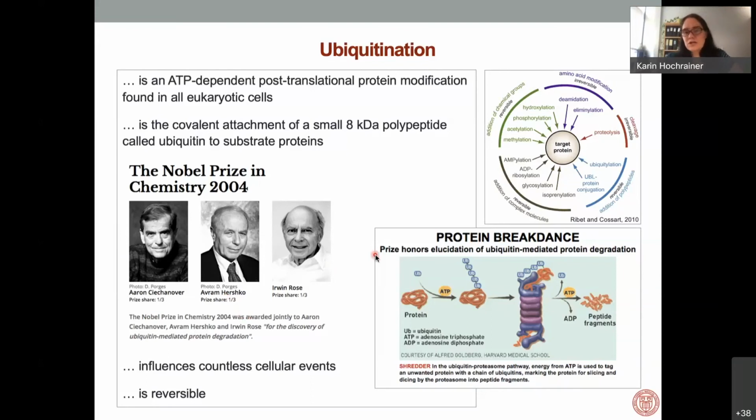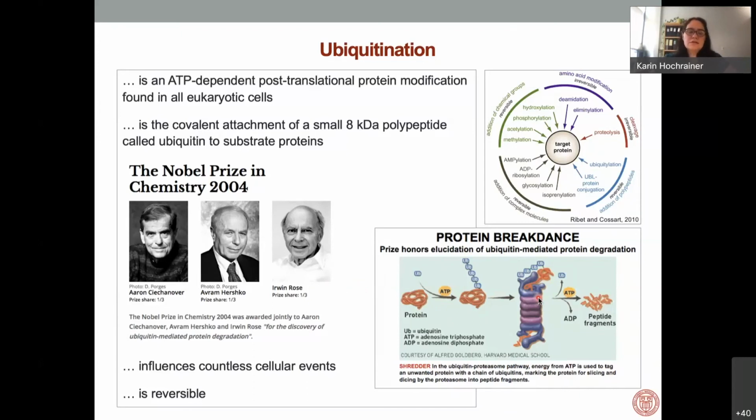Ubiquitination was originally discovered by their labs in the mid-80s, and what it was discovered for is that ubiquitin tags proteins for protein degradation. What you can see here is the so-called 26S proteasome that's responsible for degradation of these proteins. About 80% of proteins within a cell will be degraded that way in their lifetime.